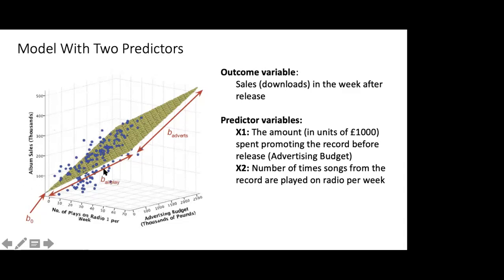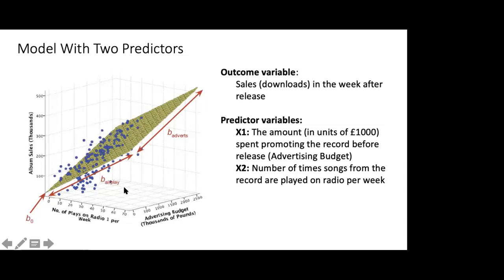The angle of the plane in the direction of your first predictor variable is the slope of your regression function in this direction, assuming that advertisement is kept constant.